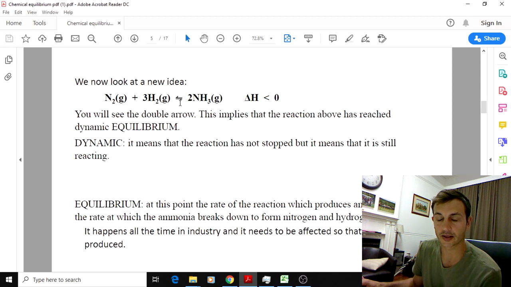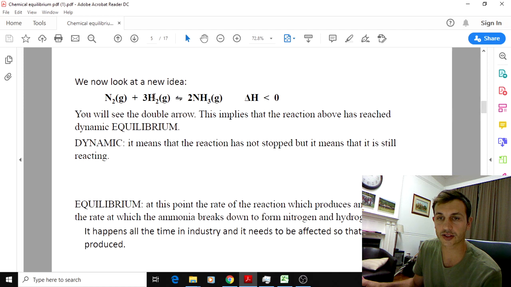Basically what this tells us is that the reaction can go both ways. It can go from nitrogen and hydrogen to ammonia, or ammonia can break down and form nitrogen and hydrogen again. Obviously this is in specific circumstances, and that is in a closed container.